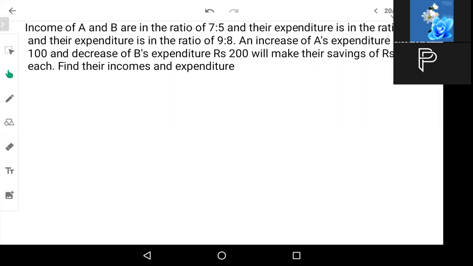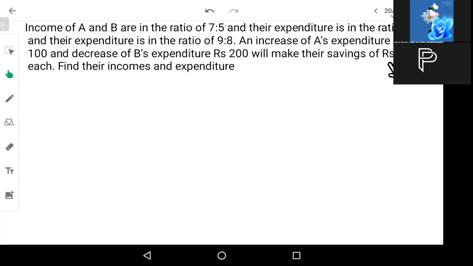So here they have given us the income ratio, they have given us the expenditure ratio, but instead of giving the savings ratio, they have given the sentence saying an increase of A's expenditure by 100 and decrease of B's expenditure by 200 will give them the saving of 400 rupees for each of them.